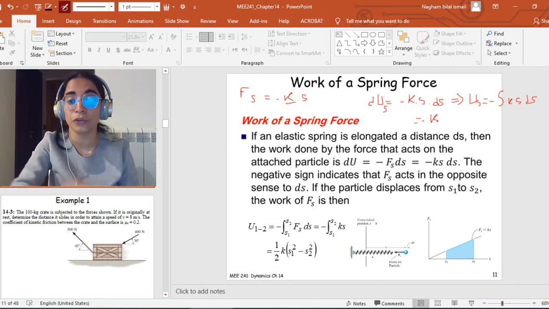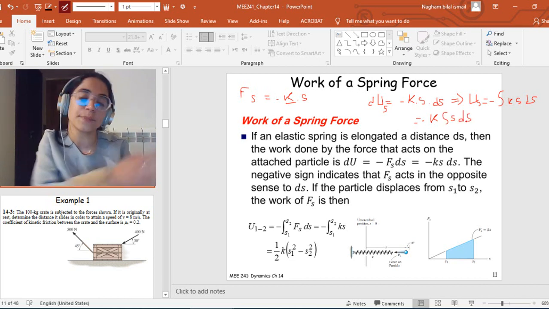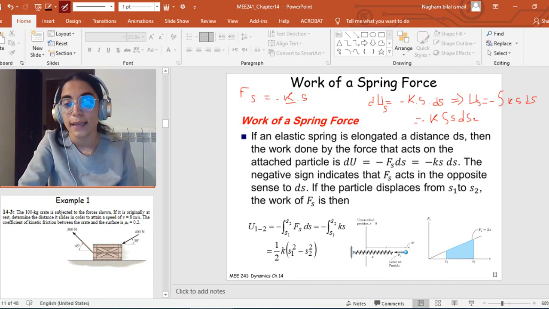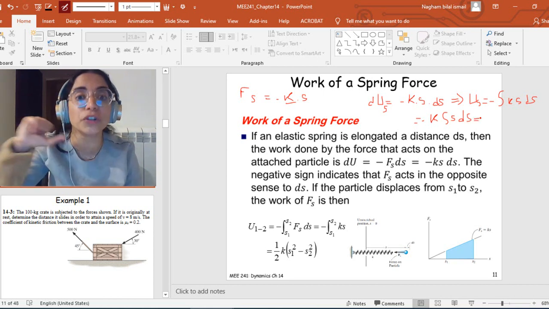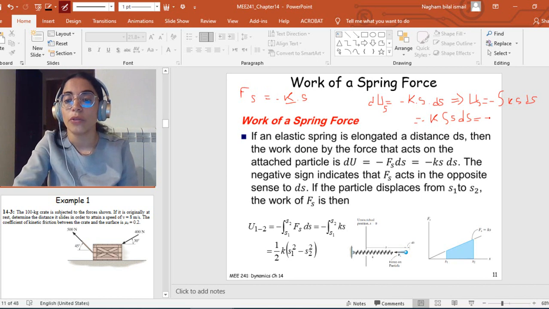It has the unit of newtons per meter. So what is the integration of s ds between, of course, the positions? It's in fact s squared over 2. So the work of the elastic force is minus k s squared over 2 between s1 and s2.